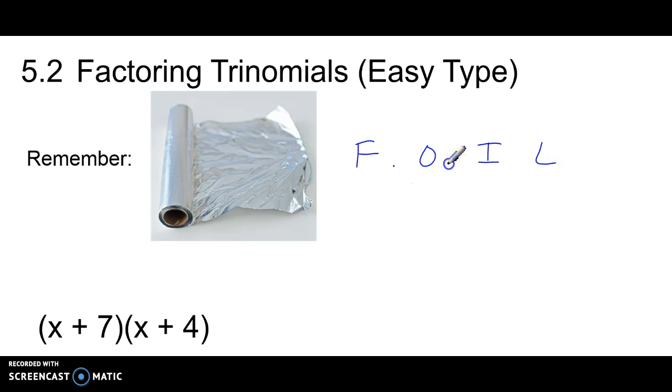First, outside, inside, last. And you know how to apply it in situations like this, x plus 7 times x plus 4. When you multiply this out, you go x times x for first, x times 4 for outside, 7 times x for the inside, and 7 times 4 for the last. But if they're simple like this, where the x's don't have any coefficients in front, there's kind of a shortcut.